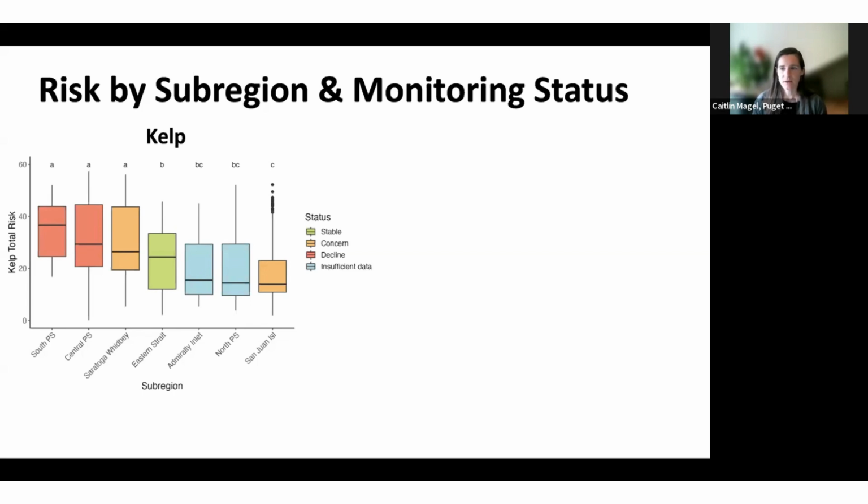So red are indicators considered to be declining based on monitoring data. Yellow are subregions of concern, and green are stable. And then blue are those where we have insufficient data to be able to determine a trend. And for kelp, at least, we see good alignment between our estimation of risk and the monitoring status. So regions that are declining or of concern generally had higher risk compared to regions that are stable.